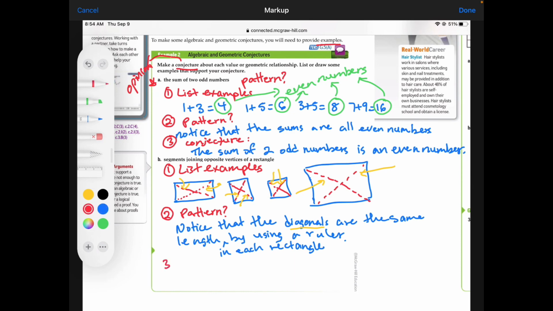So what could be my opinion or my conjecture then? What have I noticed based on my research?